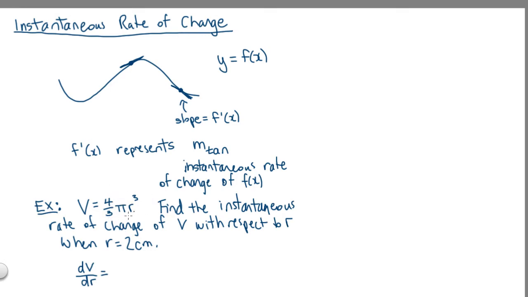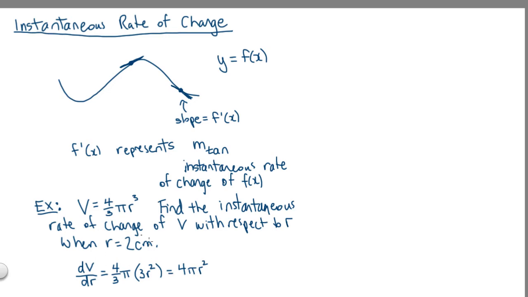The 4/3 pi is just a coefficient out in front, so we'll leave that coefficient alone, and we'll multiply by the derivative of r cubed, which is going to be 3r squared. If we simplify this, it looks like 4 pi r squared. So this is the instantaneous rate of change of V with respect to r at any particular r value.